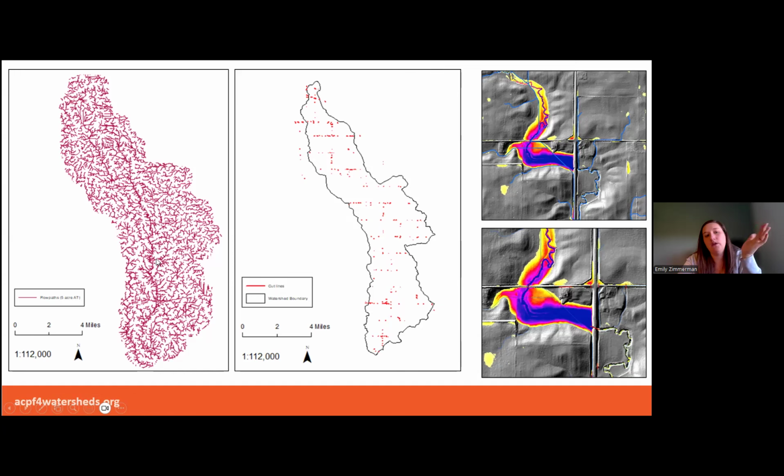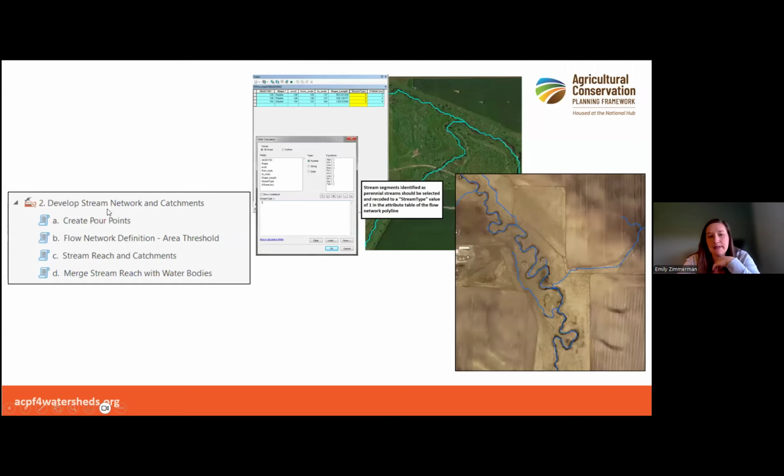And so the user can decide, it can be anywhere from, I think, like one acre flow paths all the way up to 10. So you get to decide kind of the density that you want to look at. But this is basically a tool to help you understand where there might be challenges with respect to modification. In this second toolbox, that's when you actually are going to develop the flow paths or the flow network.